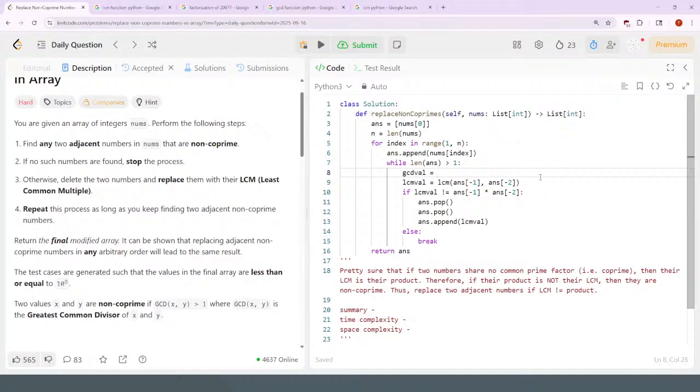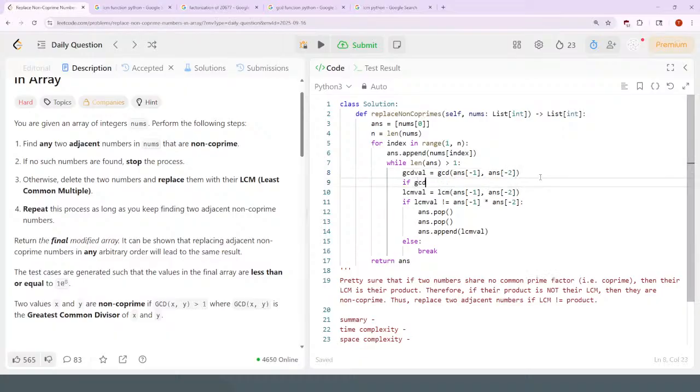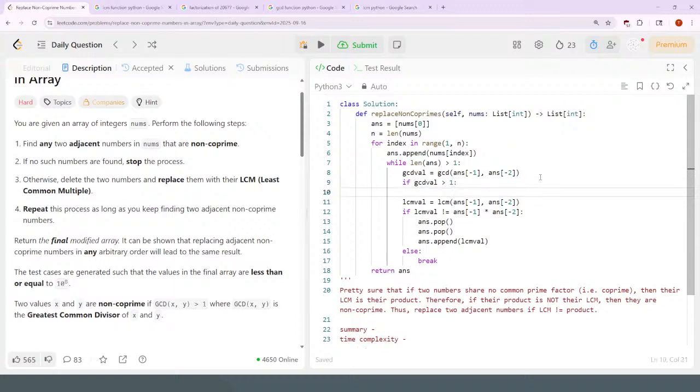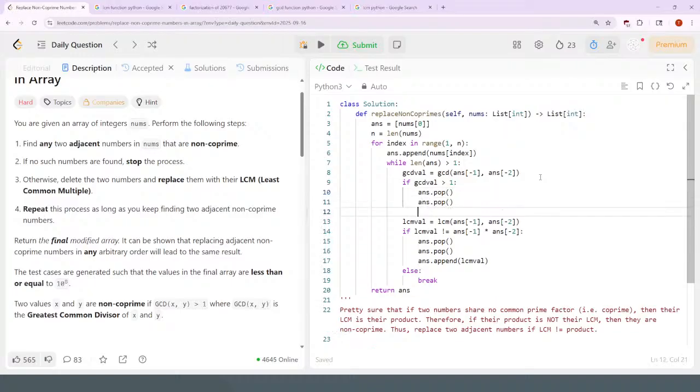GCD value is GCD of the top two of the stack. If GCD value is greater than 1, then answer pops, and answer appends the multiplication.